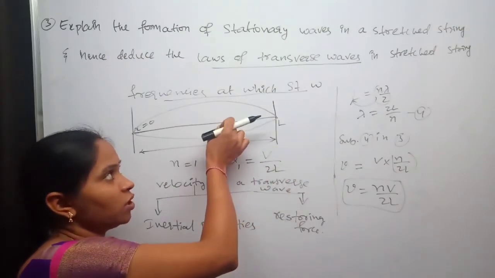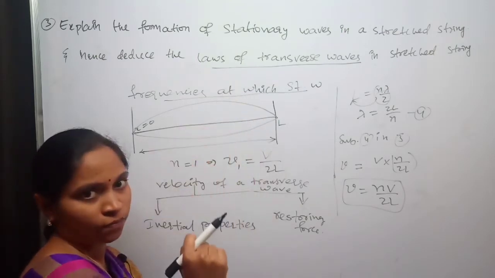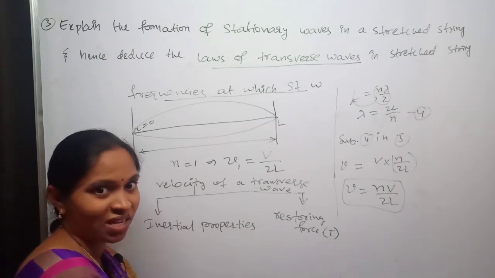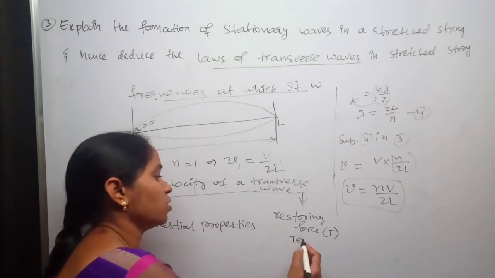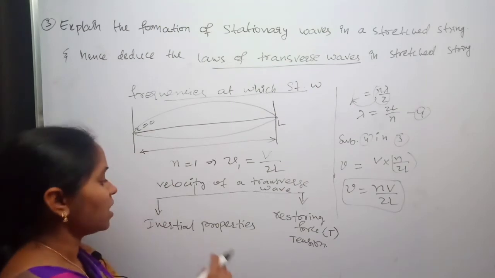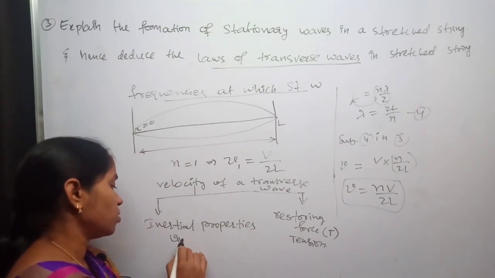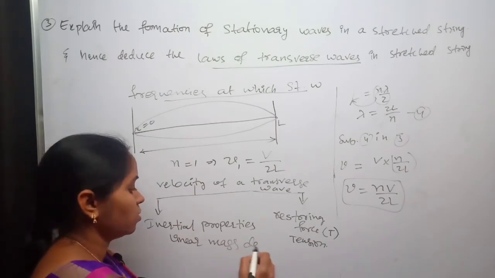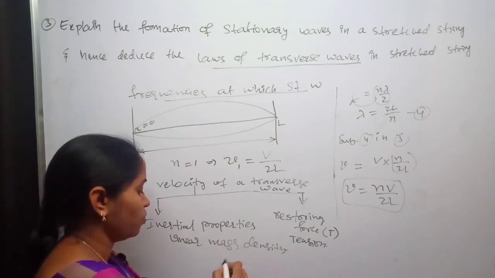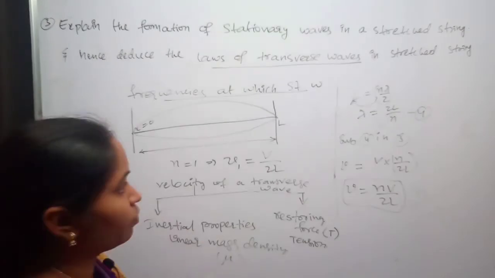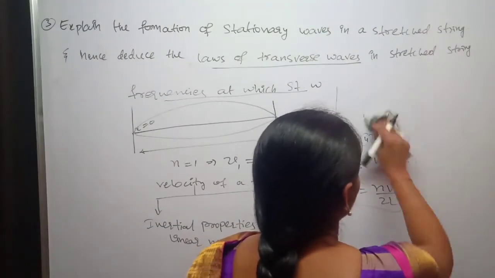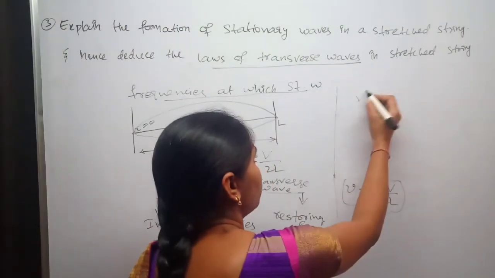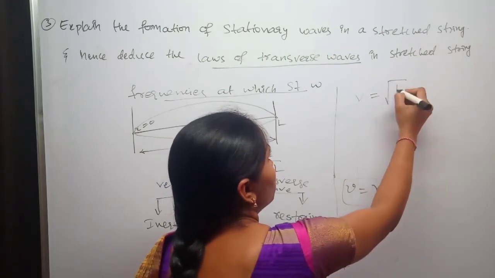The medium here is a stretched string, and the restoring force for the stretched string is tension. The inertial property for a stretched string is the linear mass density, which is denoted with mu. The velocity of a transverse wave will be equal to square root of T by mu.